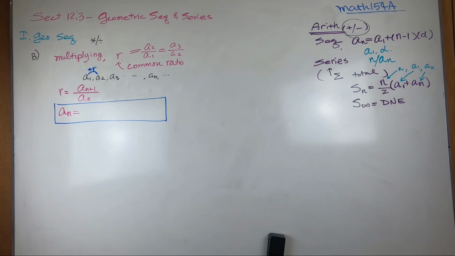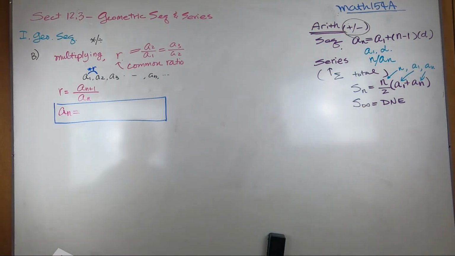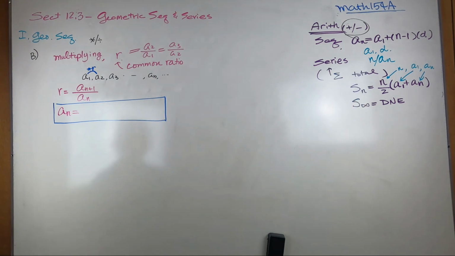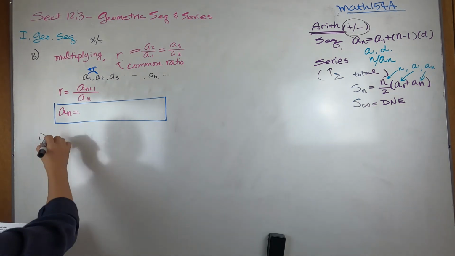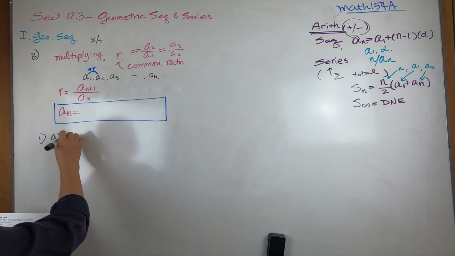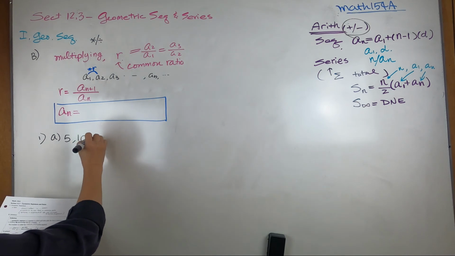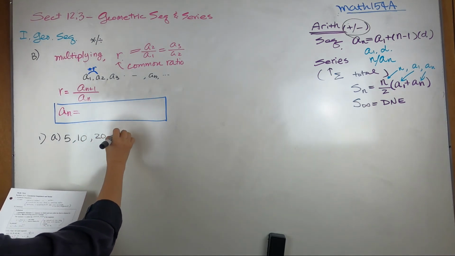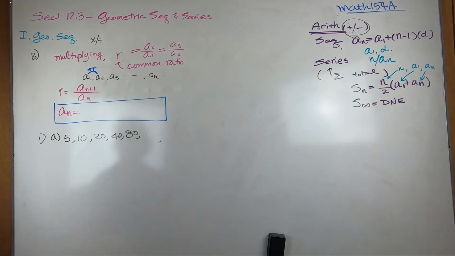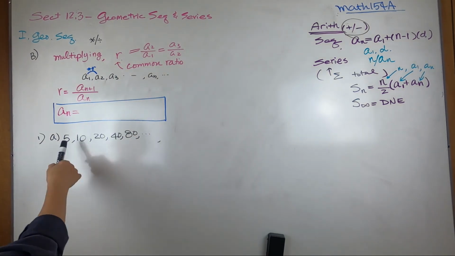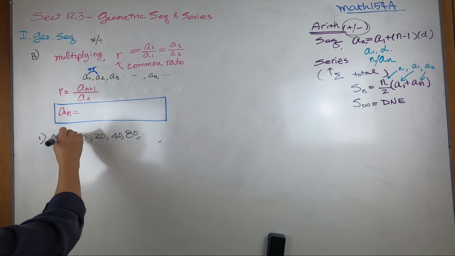Let's see some examples first, then we summarize with the formula. If we have a situation like this, first we decide: do we have this type of sequence or not? From one term to another, how do we get there?